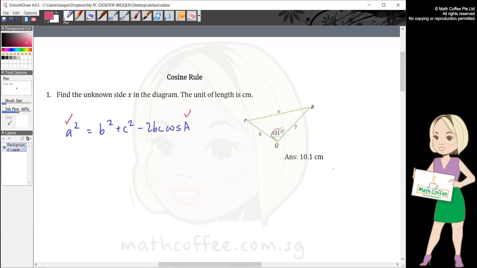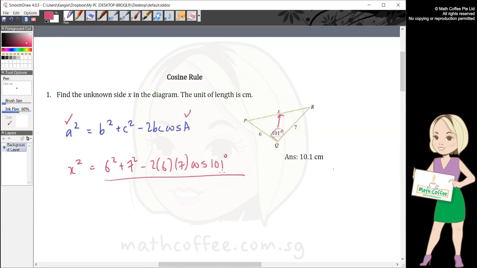When this angle is given here, you will have to put the x on the left hand side. So x squared equals 6 squared plus 7 squared minus 2 times 6 times 7 cosine 101 degree. This is easy.